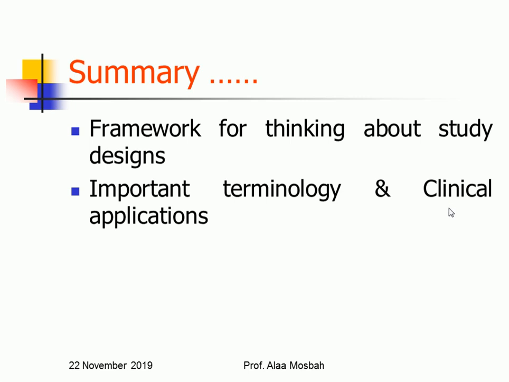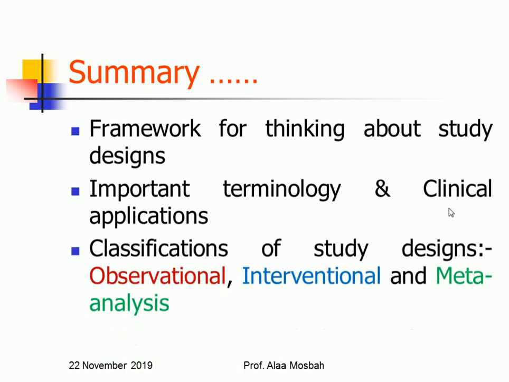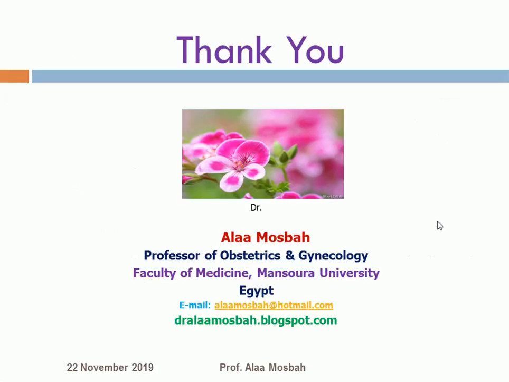So the clinical application is very clear. Then we went to the core of this lecture, which is the classification of study design, and we have three big categories: observational, interventional, and meta-analysis. And this is the last slide, and thank you. See you in the next lecture.